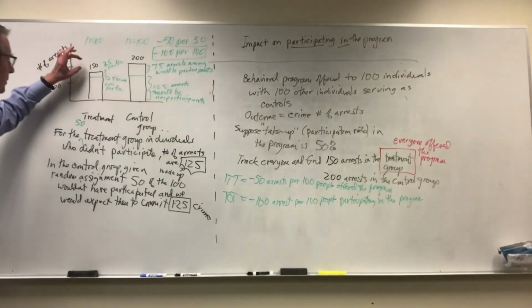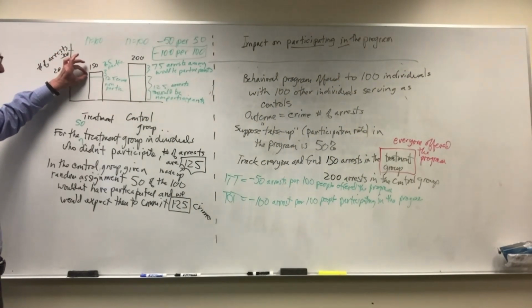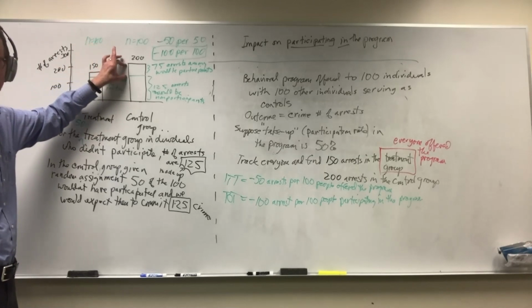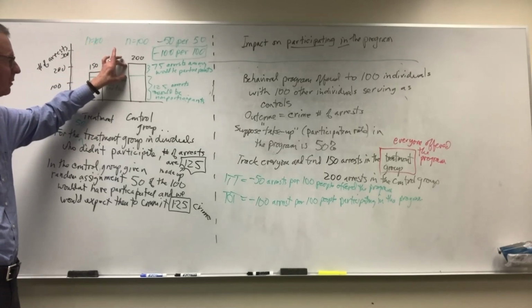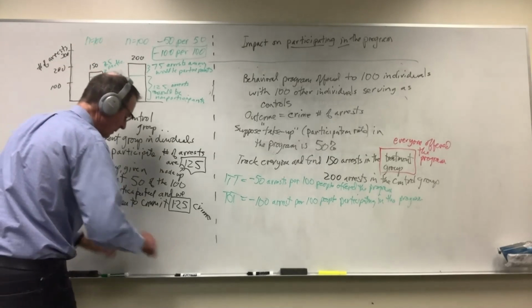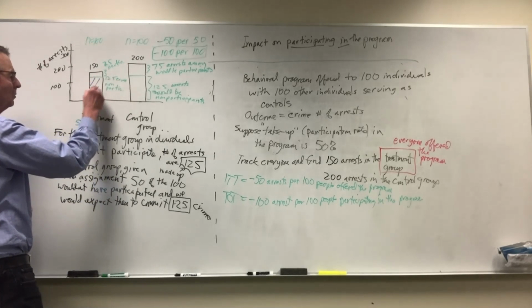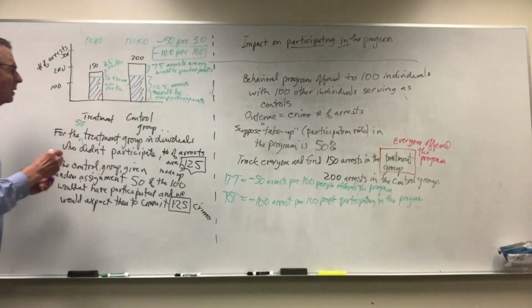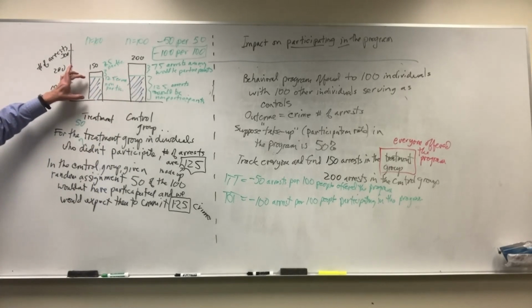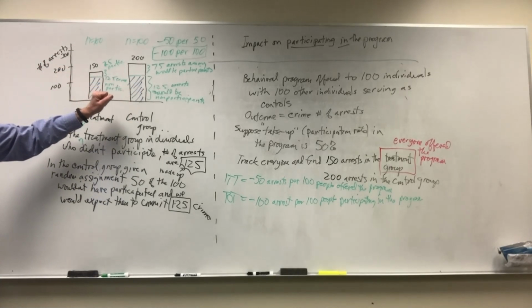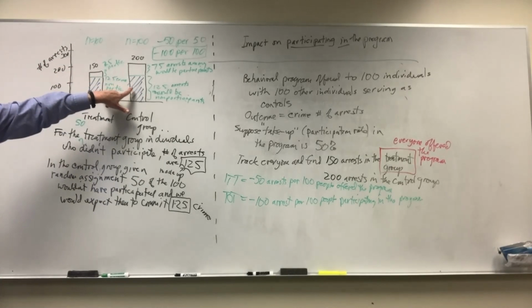Right, it's the difference in arrests between the people who did participate in the program and the people who would have participated in the program had they had a chance to participate. And because of the equation through random assignment of these two blocks of 125 arrests among the people who would not have participated had they had a chance, those are going to be the same in both groups.